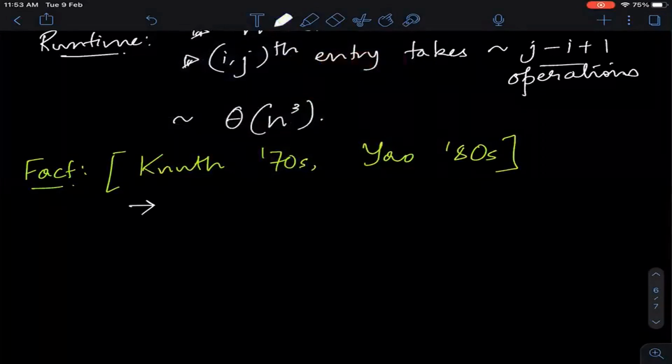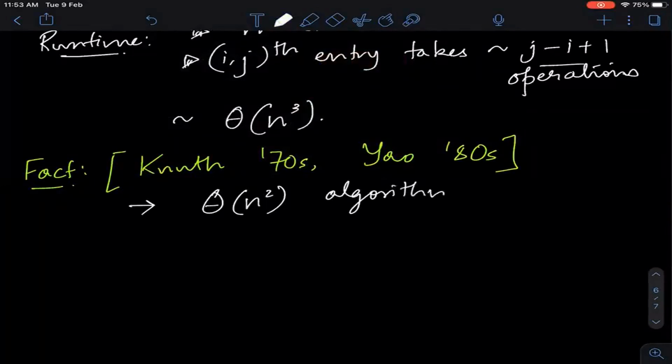They actually designed a theta n square algorithm for optimal BST. Okay, so theta n square is really the best possible. And of course it needs some more ideas on top of what we discussed today.